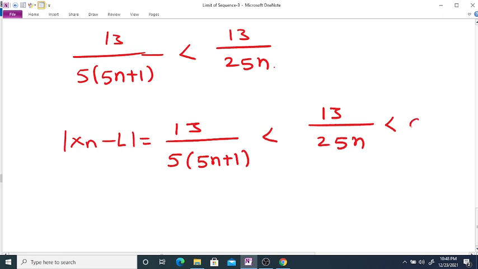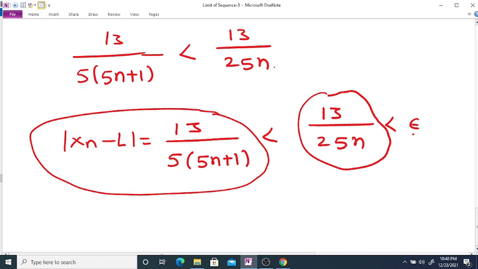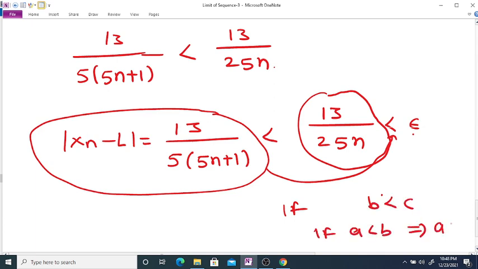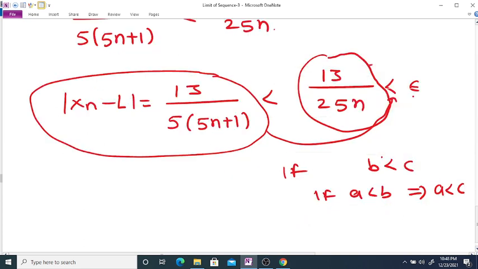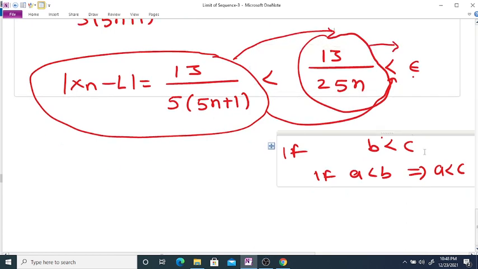And if we write this term as less than epsilon, so if 13 divided by 25n is less than epsilon, then obviously |xn - L| is also less than epsilon. Since if a is less than b and b is less than c, then it is true that a is also less than c. So if this term is less than epsilon, then xn minus L is also less than epsilon.